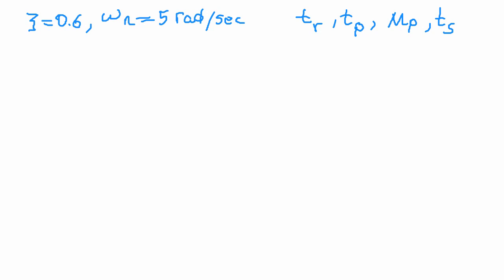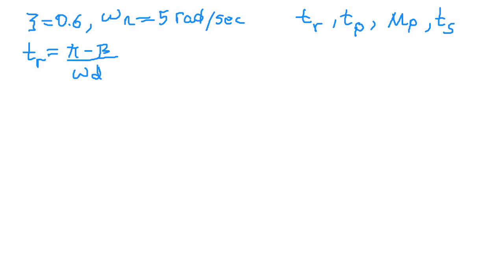We know that solution: omega d TR is equal to pi minus beta over omega d, you remember that we have already derived those equations.